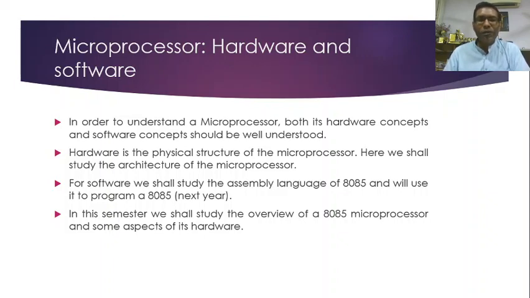And by software, we mean the language which is used to program the microprocessor. In our case, we shall study the assembly language of 8085, and we shall use this language to program an 8085 microprocessor in a microprocessor kit, but this will be in the next year. In the present semester, we shall have an overview of 8085 microprocessor and study some aspects of its hardware.